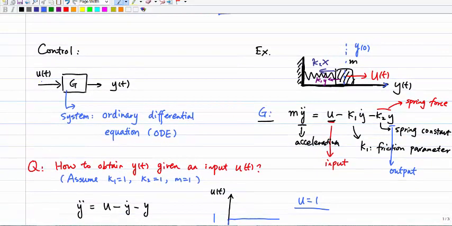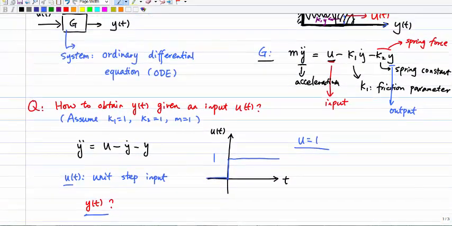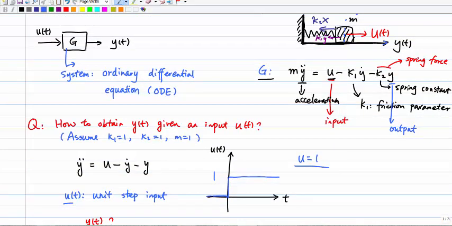So given a system described by an ordinary differential equation and a certain input, what is my output? How do we solve this problem? One direct approach is to solve the differential equation directly, which is fine, I can find a solution.